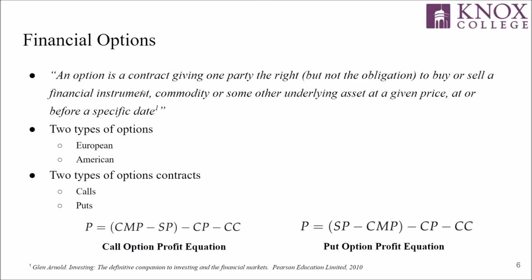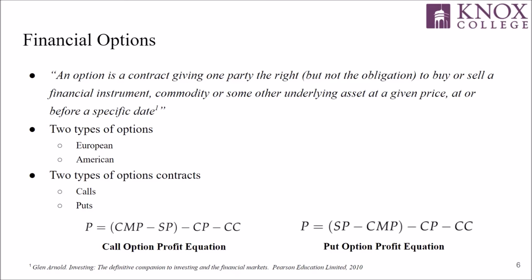So these are the profit equations that we can look at for how we're going to calculate call options and put options. To calculate the profit on a call option, we're going to take the current market price, subtract it from the strike price that's mentioned, because obviously with the call option, we hope that the current market price is above it. We're going to subtract the contract price, which is the option price that we're going to hopefully forecast in our research.